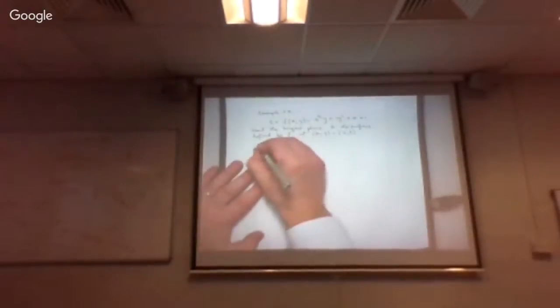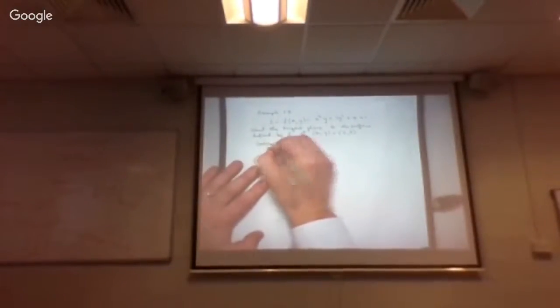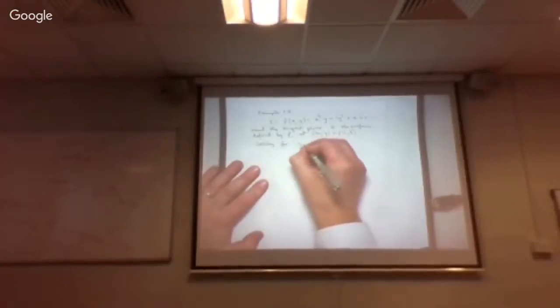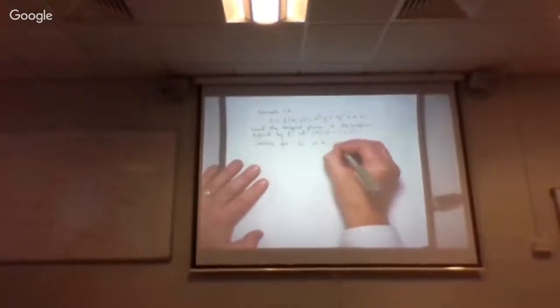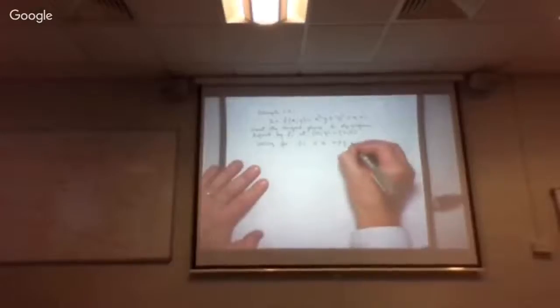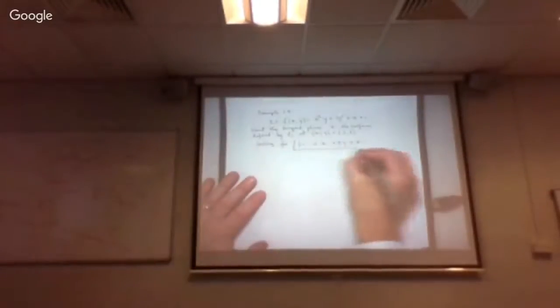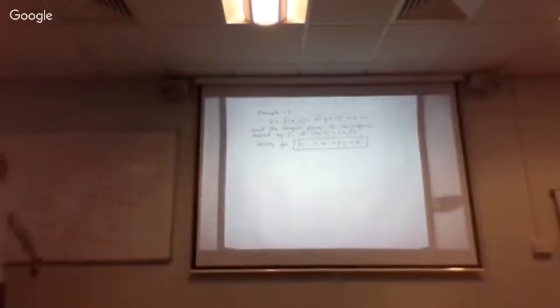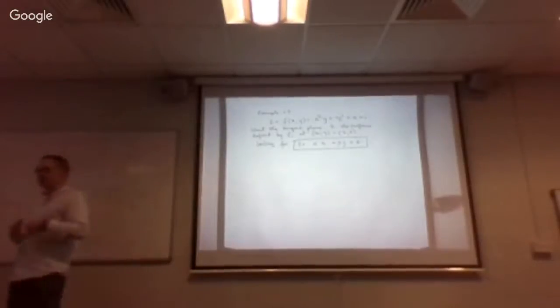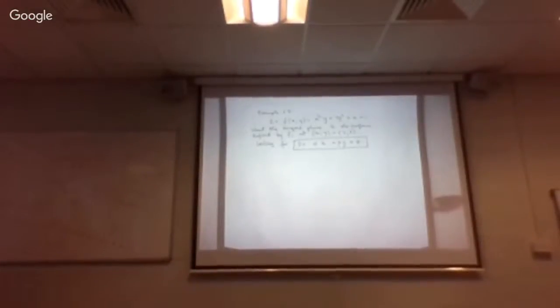So we're looking for the equation alpha x plus beta y plus gamma, looking for the equation of this type. Finding it means finding the coefficients alpha, beta, and gamma.